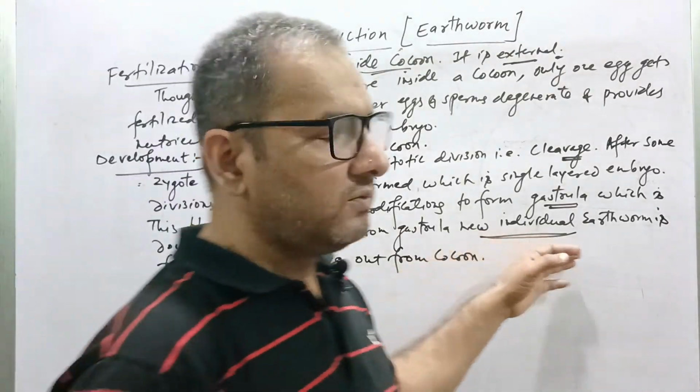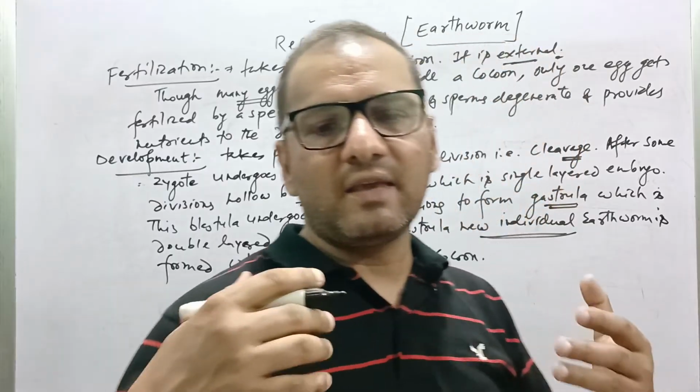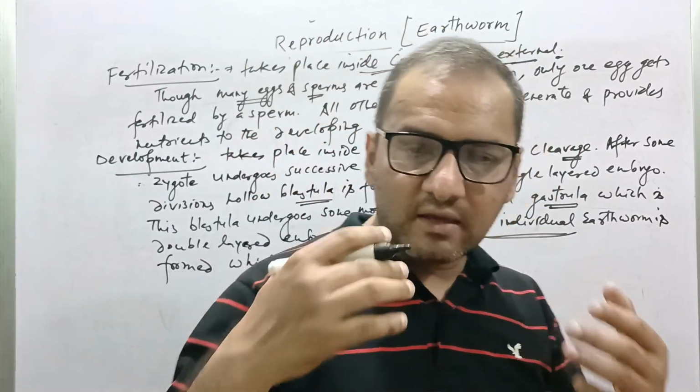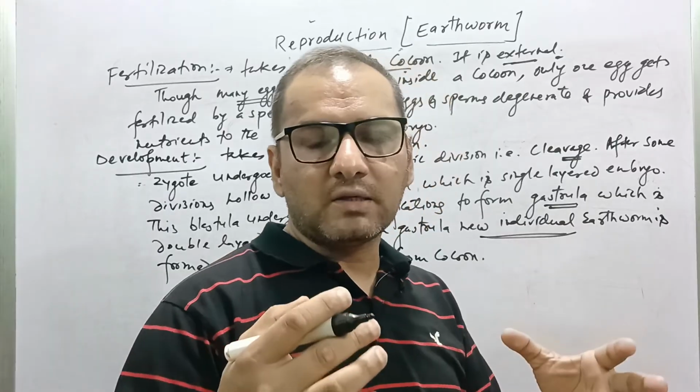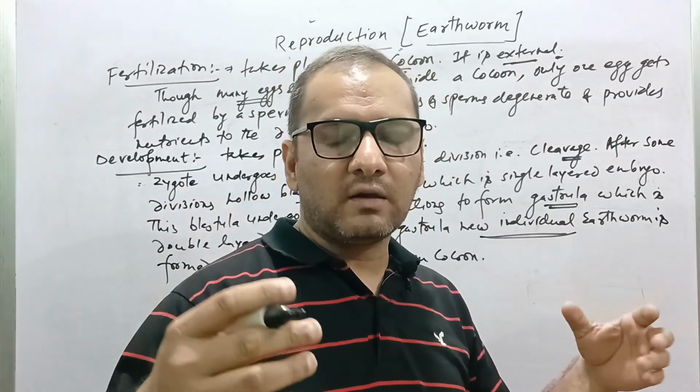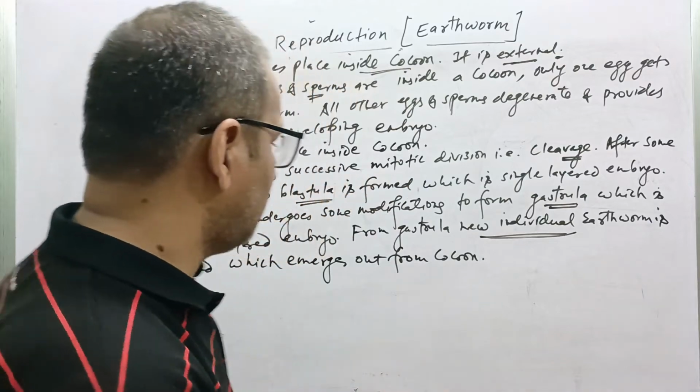Now this new individual earthworm which is formed is just like the adult earthworm except in size, and there is absence of the clitellum. The size grows later on and the clitellum is also formed later on.